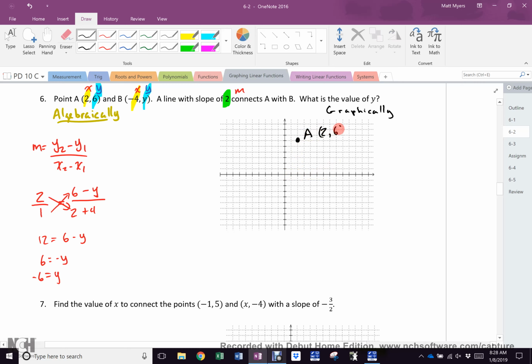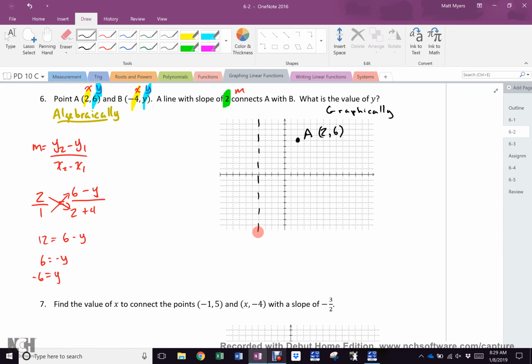Point A, 2, 6. Now, what do I know about point B? I only know the x value, don't I? Which is what? Negative 4. So the other point lives somewhere on this dotted line, correct? Do I know anything else about the line that I have to put on this graph?